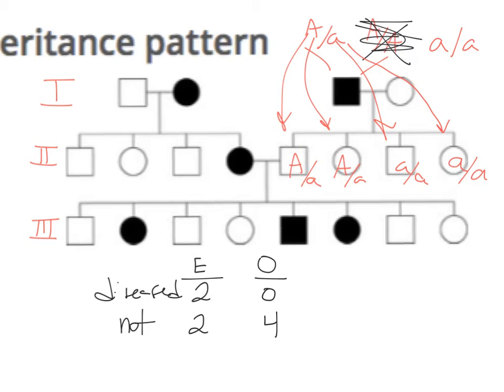I'm trying to figure out if this is dominant or recessive. Feel free to talk. It doesn't have to be quiet. Maybe you don't want to talk. Consult with the neighbor when you're done and make sure your calculation agrees.